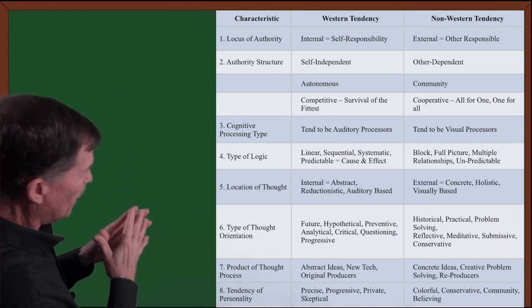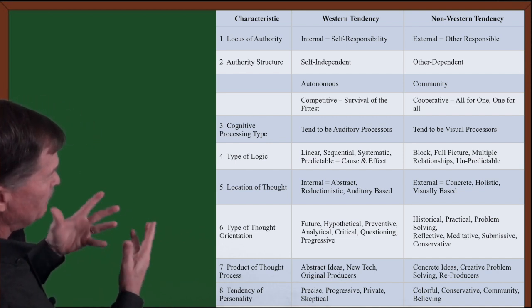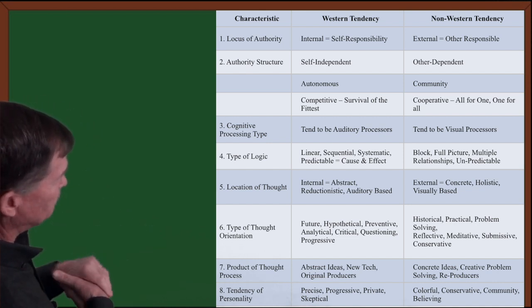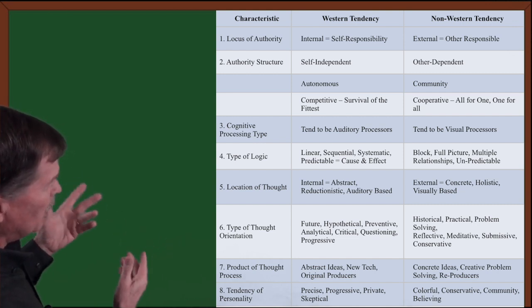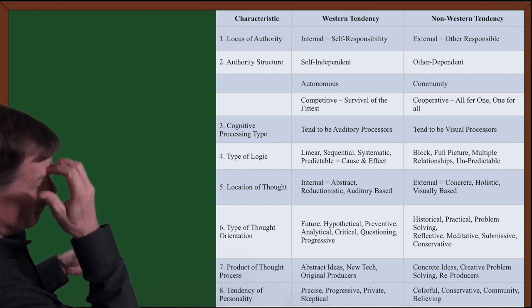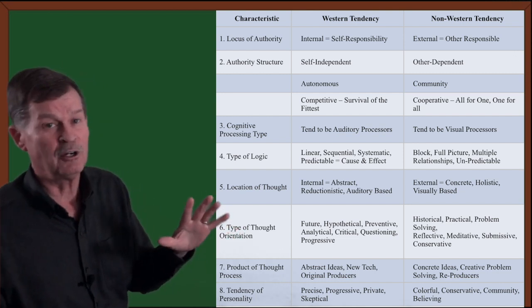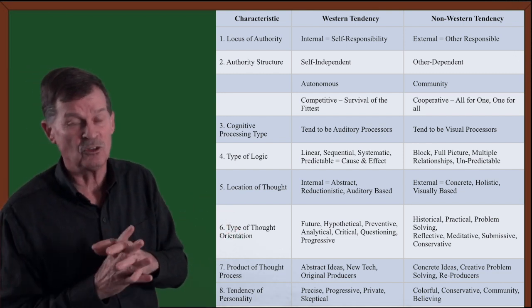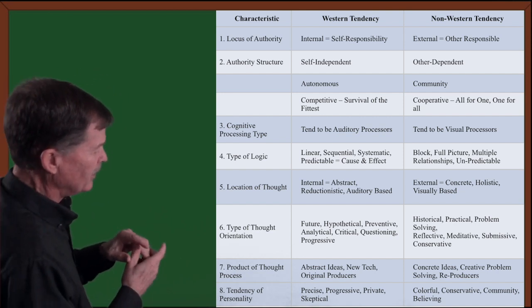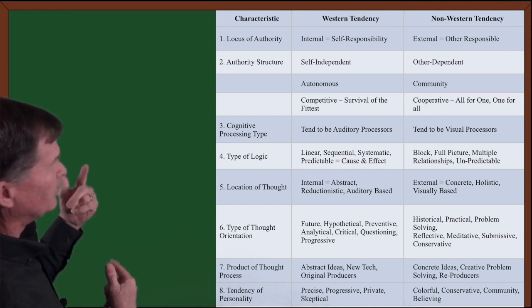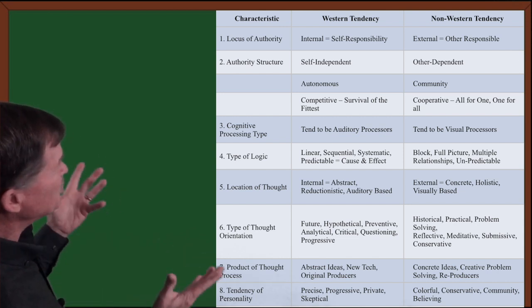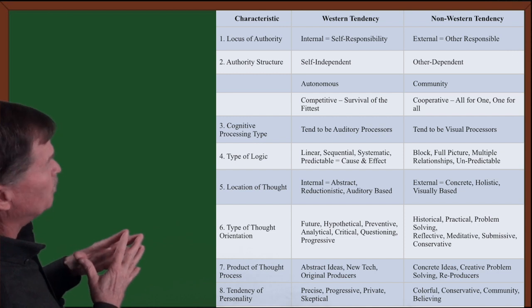So the Western mind is futuristic, hypothetical, preventative, analytical, critical, questioning, and progressive. You look at those characteristics of a Western student and you would say, yeah, I can see that. They are analytical, critical thinking, questioning, and progressive.